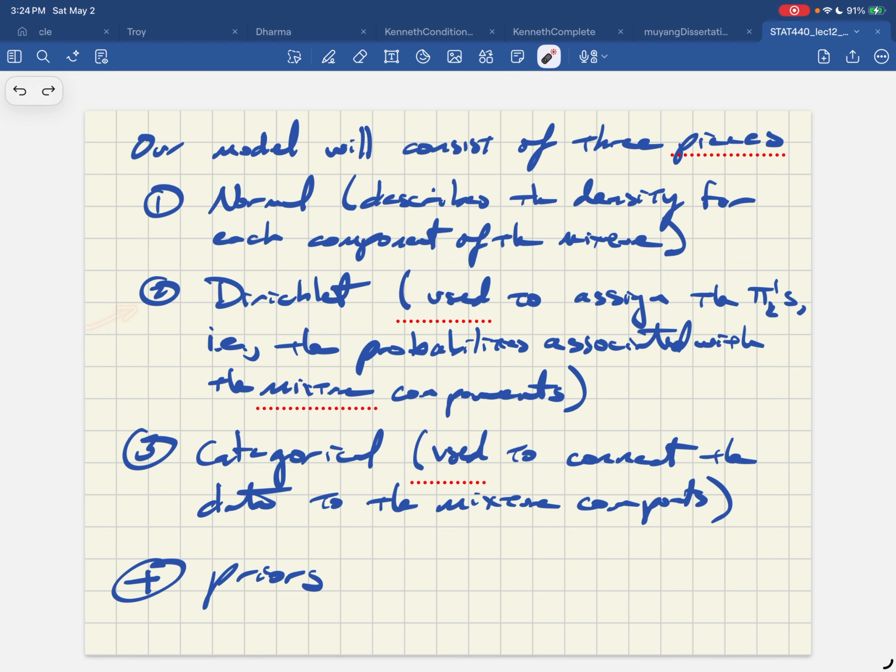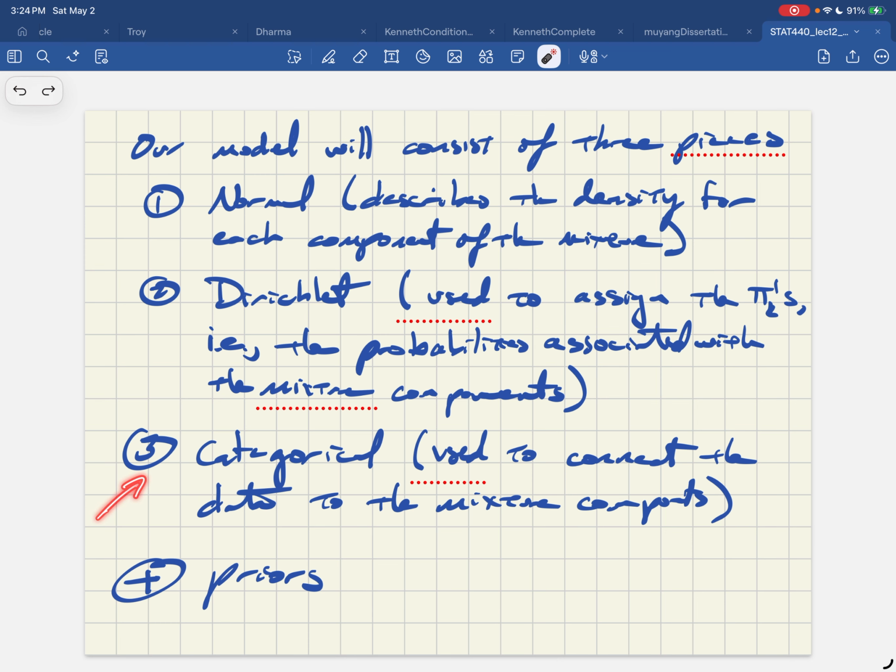The next piece is called the Dirichlet distribution, and this is going to be used to assign a probability distribution to the pi's, so to these weights. That distribution has to meet the conditions on those weights, and so the pi's always have to sum to 1. And the Dirichlet distribution is a distribution which has that property.